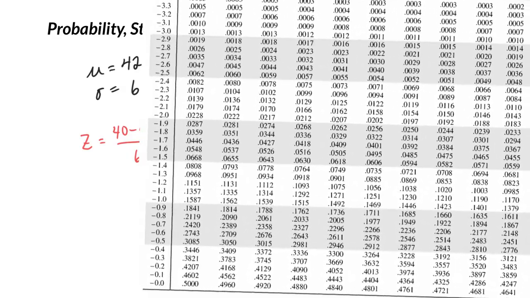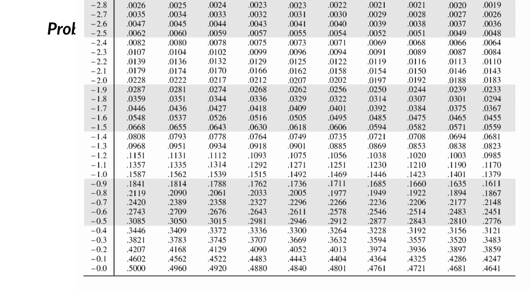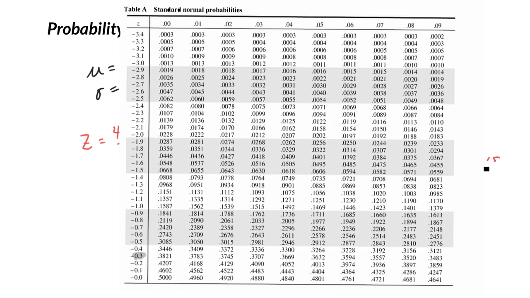So let's just take a look here. You can see we've got negative 0.3 right here. I'm going to zoom back out a little bit. Up top here, we've got the hundredths places. So here's 0.03 right there.